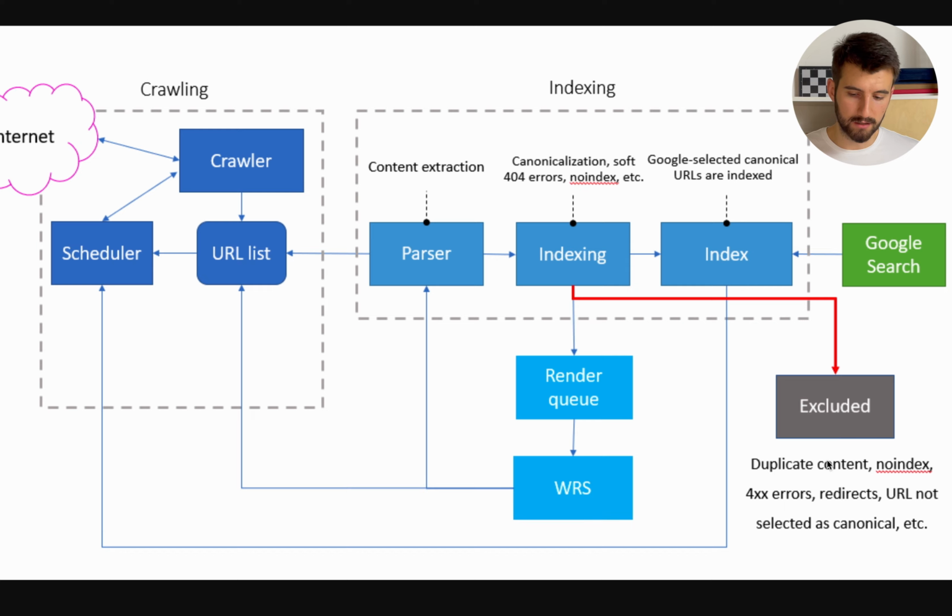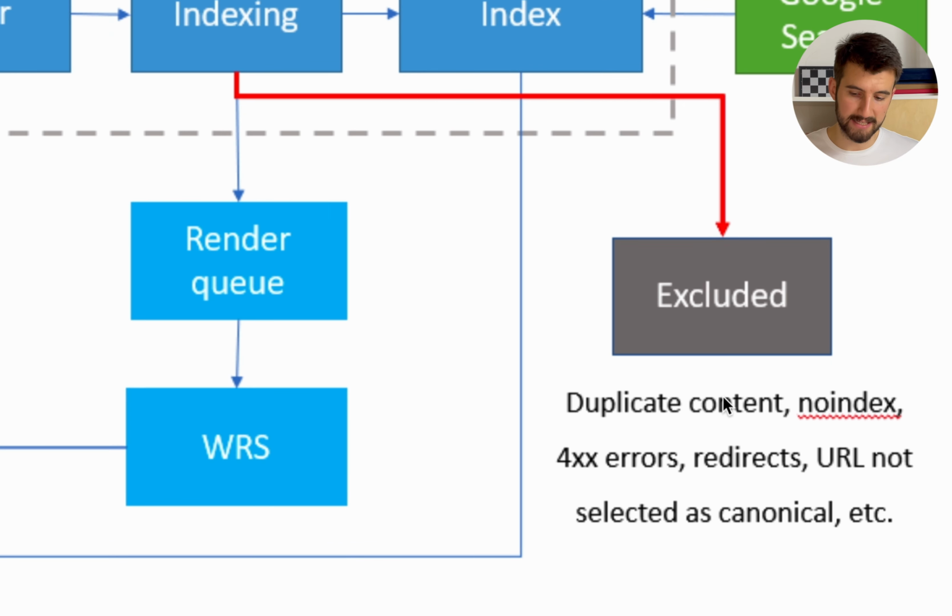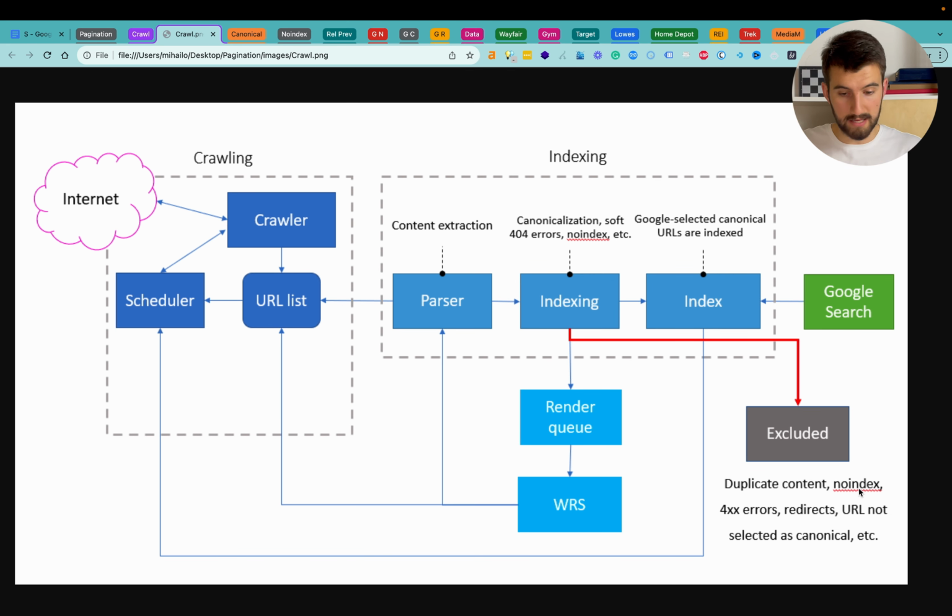And they are treated the same as pages with no index tag, 404 errors, etc. And an even greater problem is that duplicate content affects the overall website performance. And it is the main cause of large-scale keyword cannibalization problems.